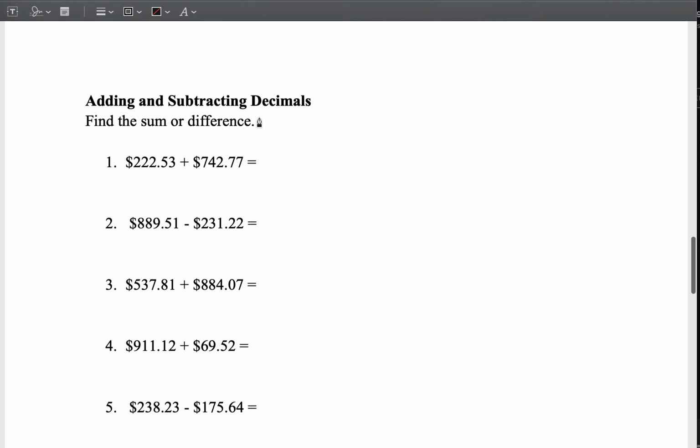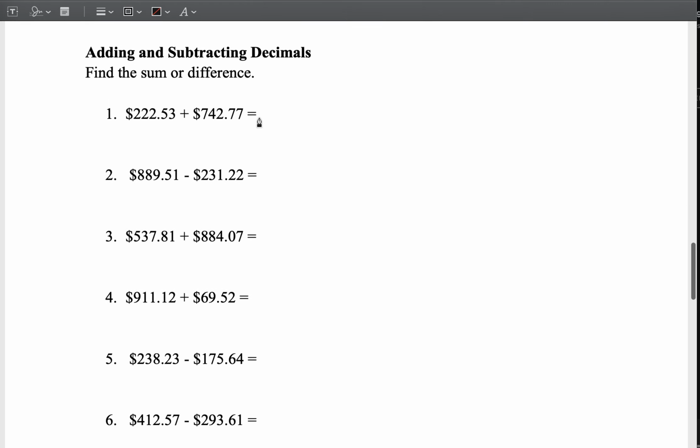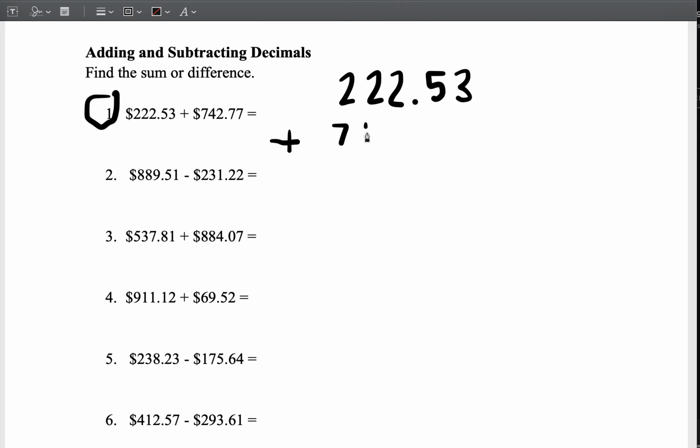Okay, next topic, adding and subtracting decimals. So this is basically just adding, so I don't think this will be that hard. So 222.553 plus 742.77.